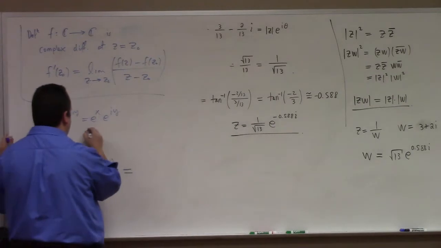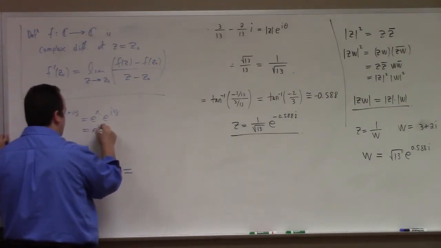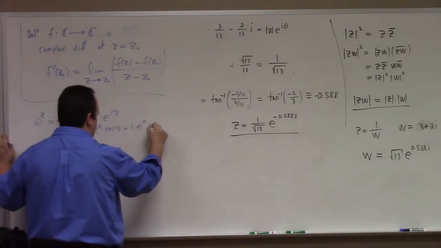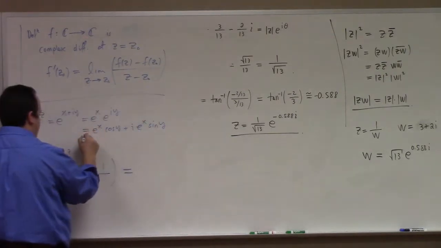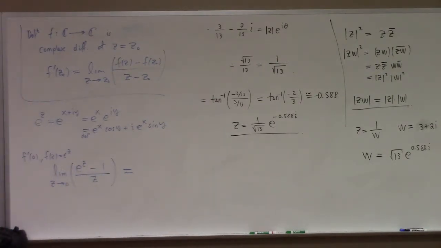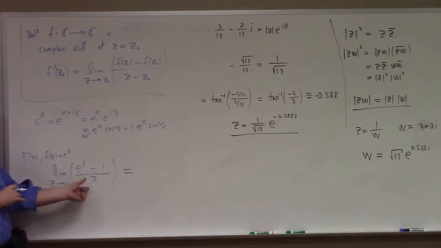So you could define it to be the function which is e to the x cosine y plus i e to the x sine y. So this could be the definition for the complex exponential, right? That would be a decent transitional definition. And what is this then?